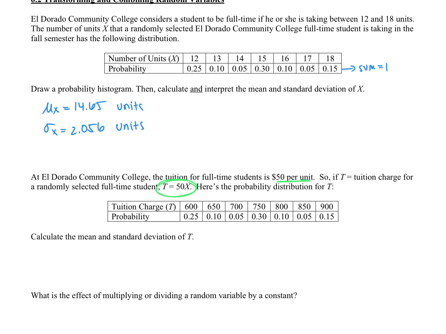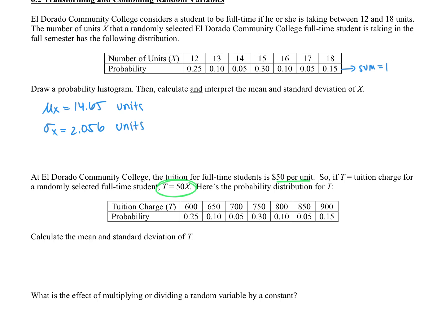So this now is the probability distribution for T. And again, all these numbers represent is $50 per unit. So if you're taking 18 units, 18 times $50, you're being charged $900. That makes sense? Okay, what I want you to do now, calculate the mean and standard deviation of T.